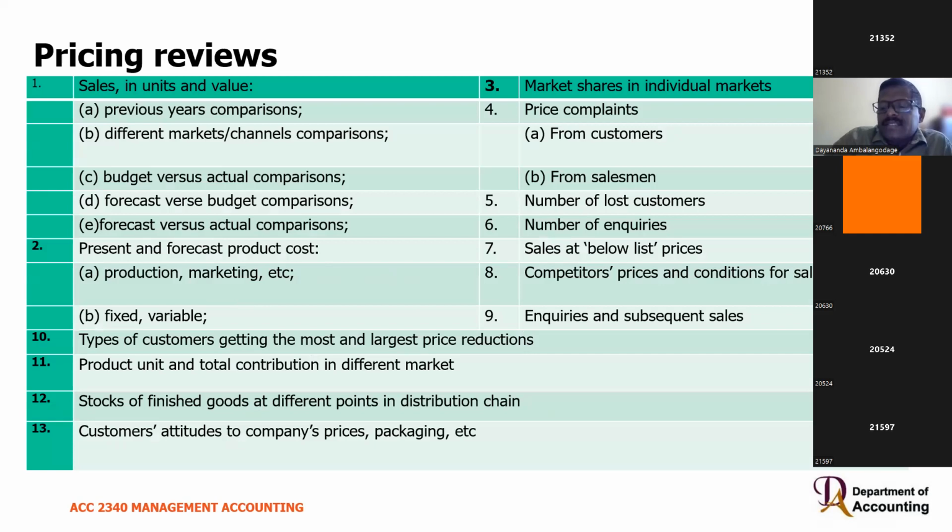Okay, finally what we have is price reviews: sales units and value, previous year's comparison, different market channels and comparisons, budget versus actual comparison, forecast versus budget comparisons, forecast versus actual comparisons, present forecast product cost, production, marketing, fixed, variable, type of customers getting the largest price reduction, product unit and total contribution in different markets, stocks of finished goods at different points in the distribution chain, customer attitudes to company price and packaging, market share in individual markets, price complaints from customers, from salesmen, number of lost customers, number of inquiries, sales below list price, competitors' price, conditions for sales, inquiries, subsequent sales.